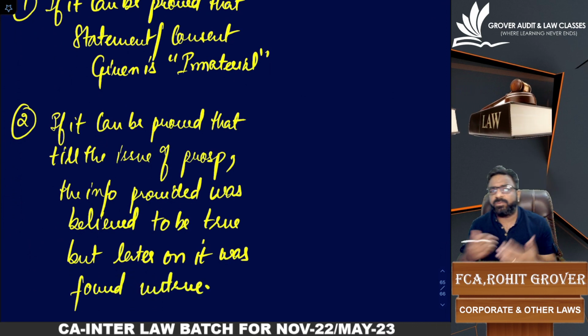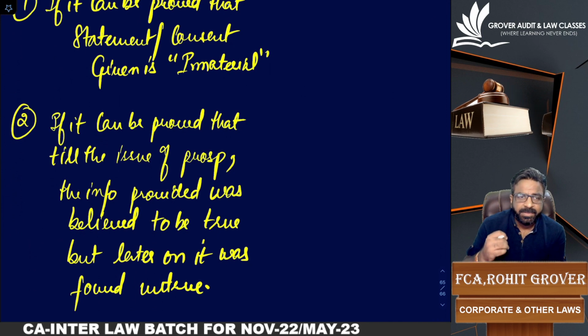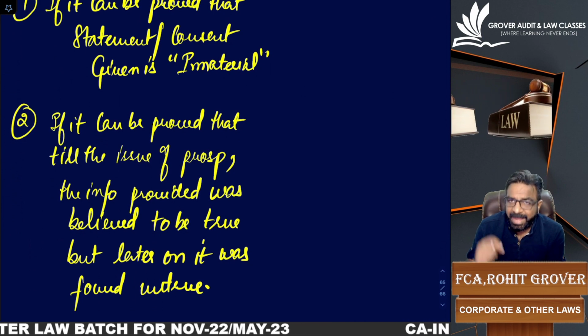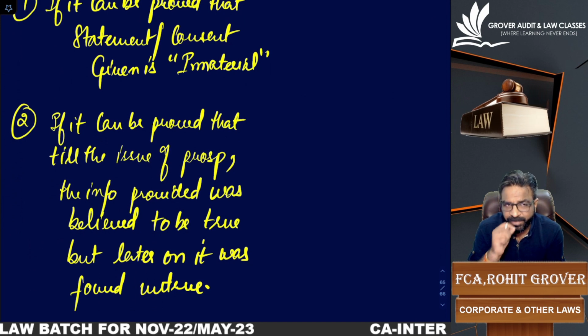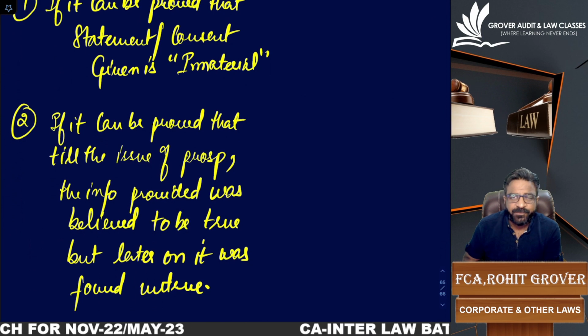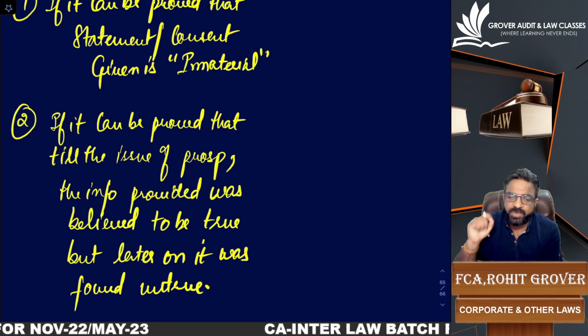Now what I am telling the court of law is, sir, I think that up to the date of issue, I believed that information to be true. But later on, after the date of issue, I found out that information was untrue.